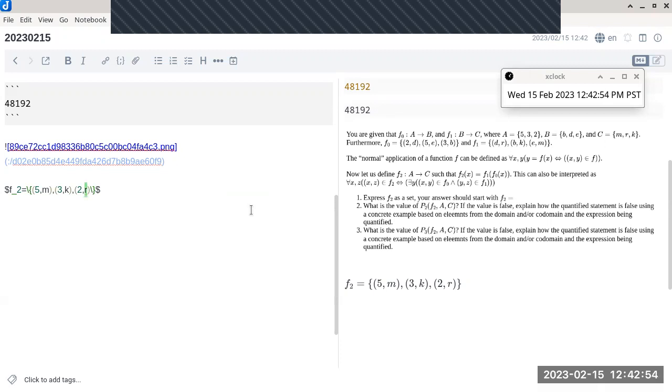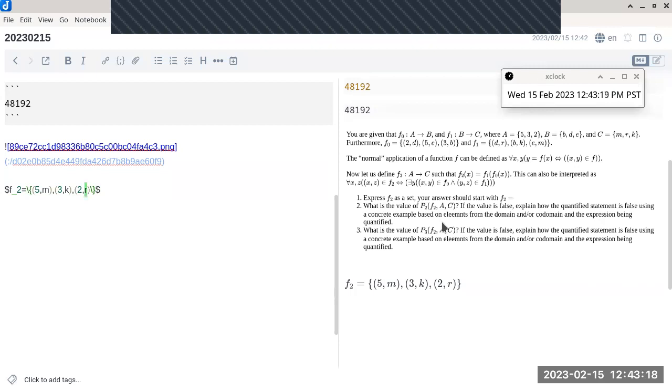Now, in part 2, I'm asking, what is the value of P2 of F2, A, C? If the value is false, explain how the quantified statement in P2 is false using a concrete example. I said blah, blah, because it's not a concern for me.